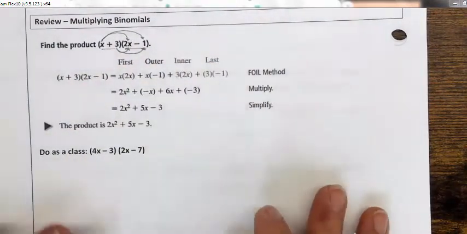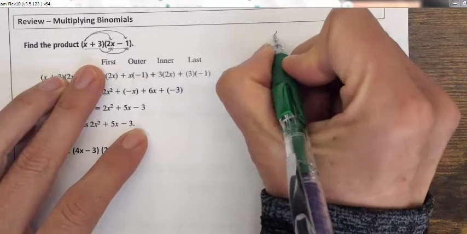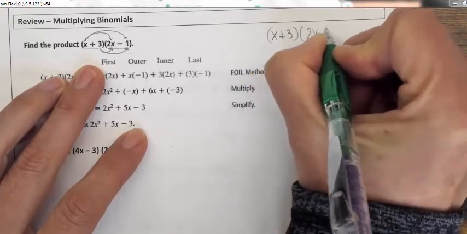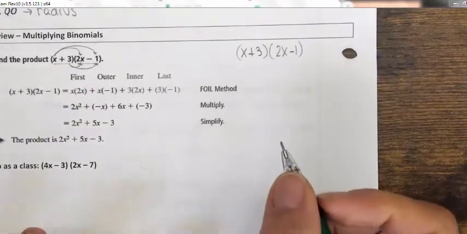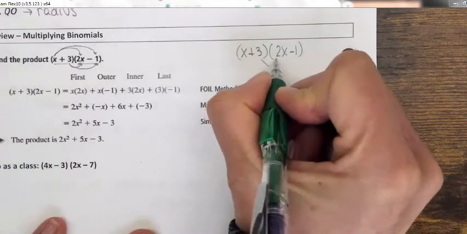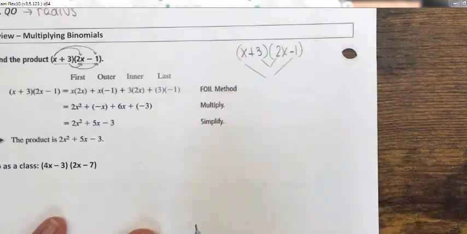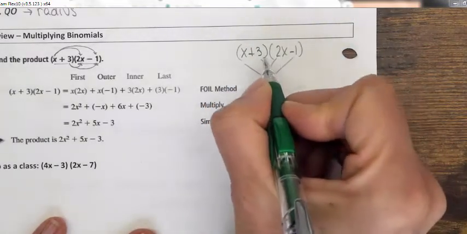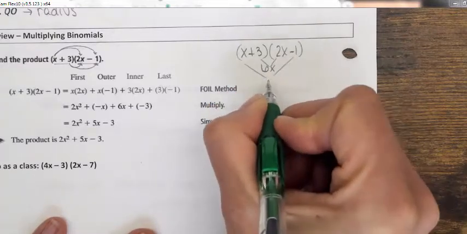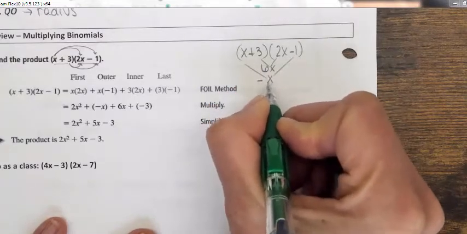The cool thing about this, and I'm going to go ahead and rewrite it over here, is when you do that, your inner and outer terms, when you multiply those, this will give us 6x, and the outside terms will give us negative x.